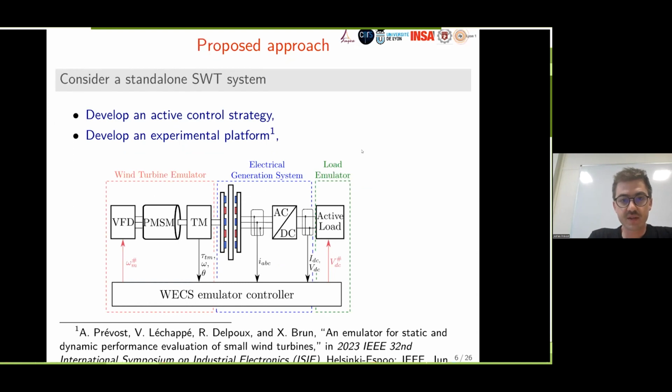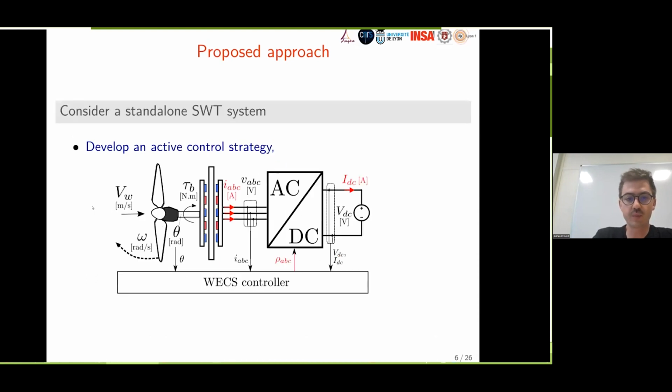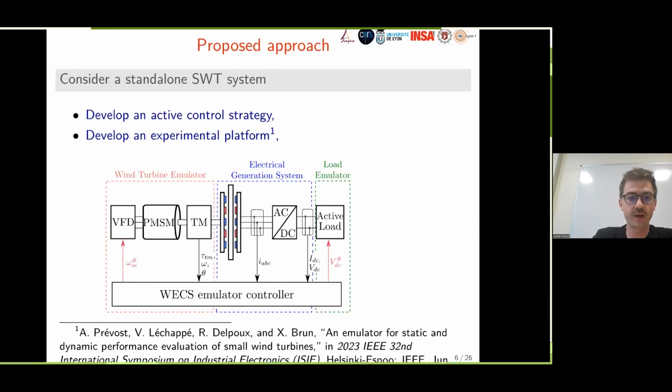And to test these control strategies, we have developed a wind turbine emulator. Basically, we replaced the blades by a permanent magnet synchronous motor, which is controlled through a variable frequency drive, so that the torque of the blades is emulated, taking into account the inertia and the friction of the blades.